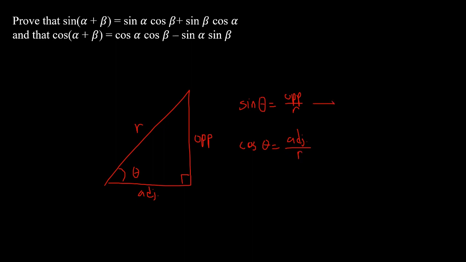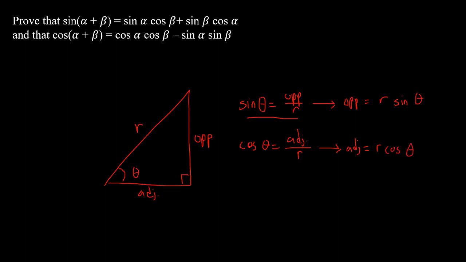And we can multiply r on both sides of this equation to get that opposite equals r sine theta, and that adjacent equals r cosine theta.